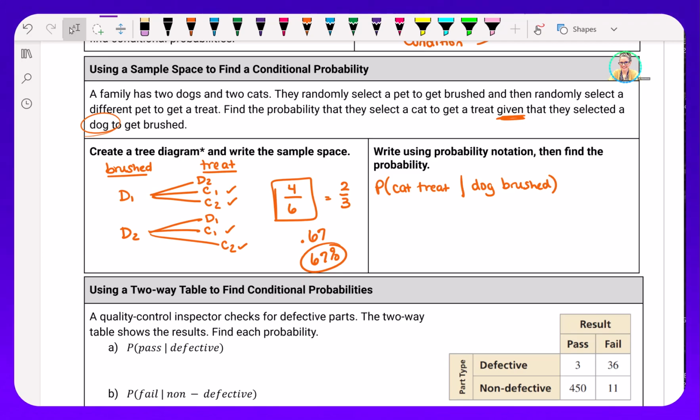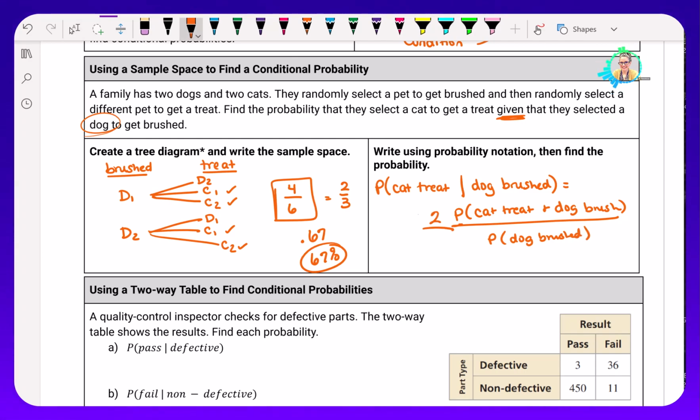So that means that my probability is going to be the probability of a cat treat and dog brush, and that's going to be divided by the probability of just the dog getting brushed. So that's going to be 2 out of 3, or 4 out of 6, which was 2/3, or the 67%.